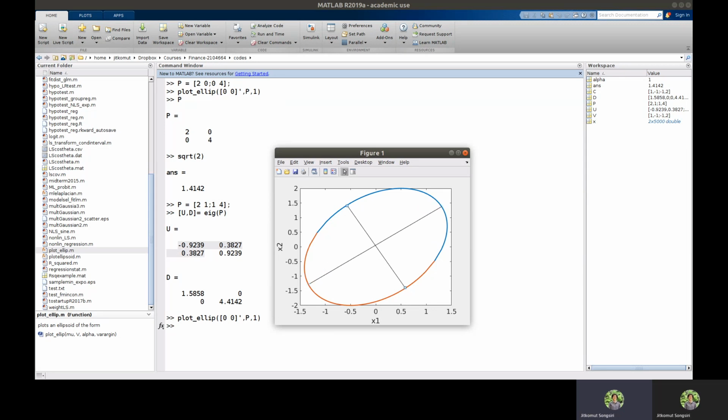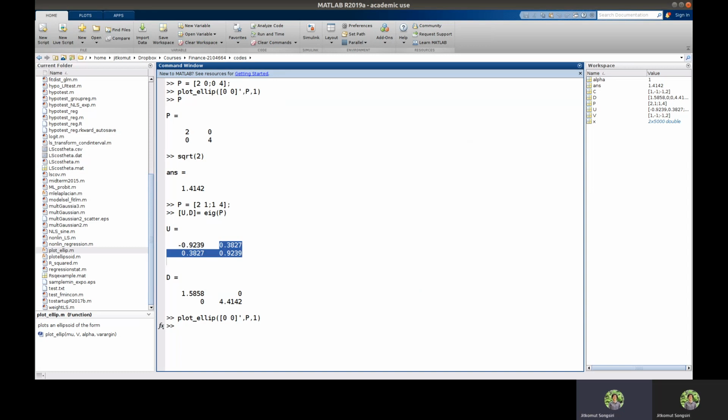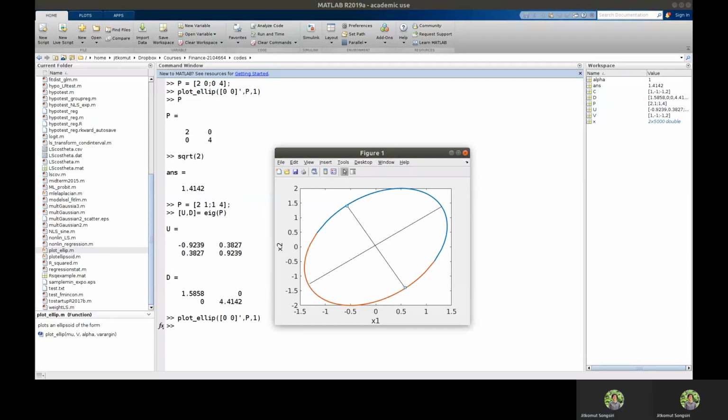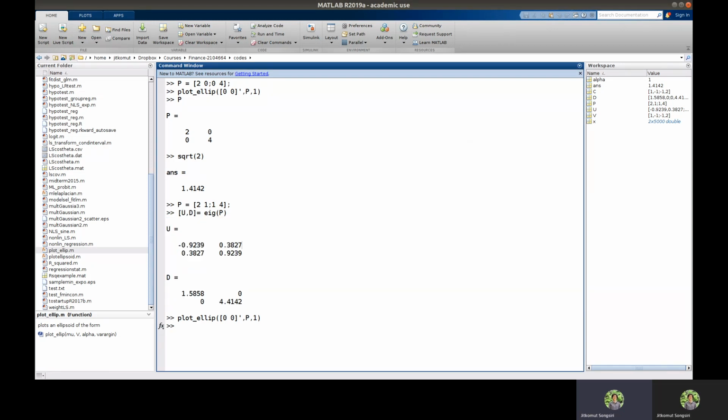And the second principal axis is supposed to be in the direction of the vector 0.3 and 0.9. It's not. Hold on. Oh, it's the other way around. Sorry. Now let's change again. P1 and P2. Oh, okay. So, from the eigenvalue command, all right.